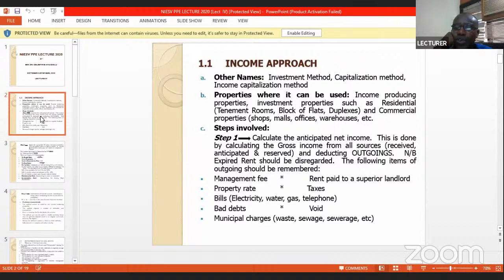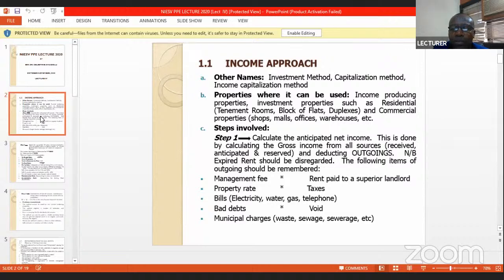If the income is half yearly, you multiply by 2 to get the yearly income. Some income are daily income, like what you see in brothels and hotels. If you notice that the income of the house is daily, you multiply by 365 days.